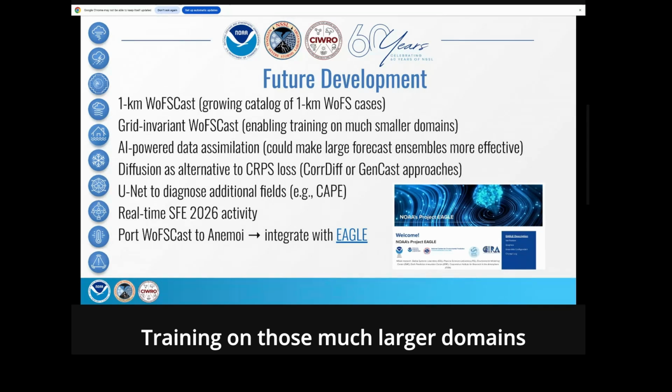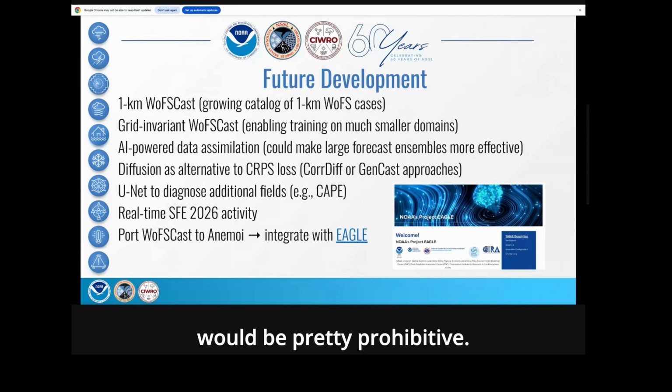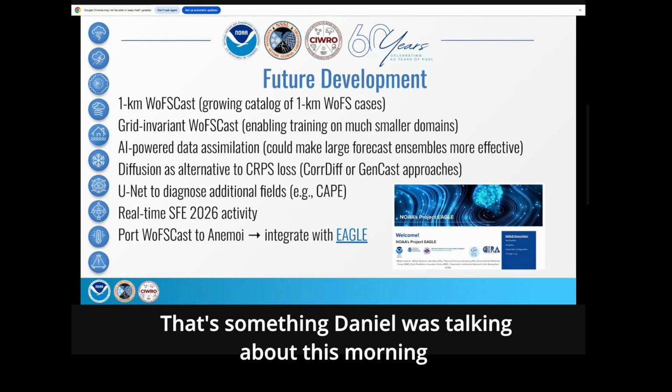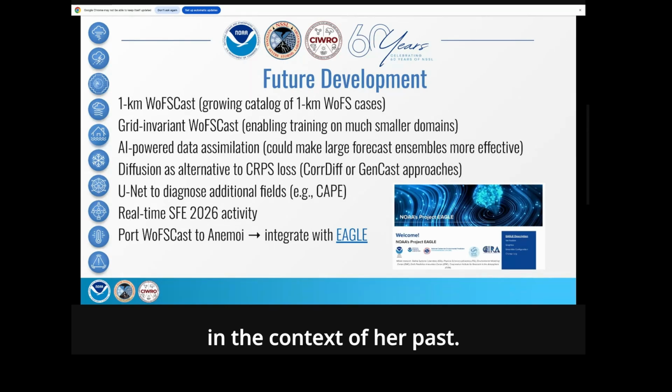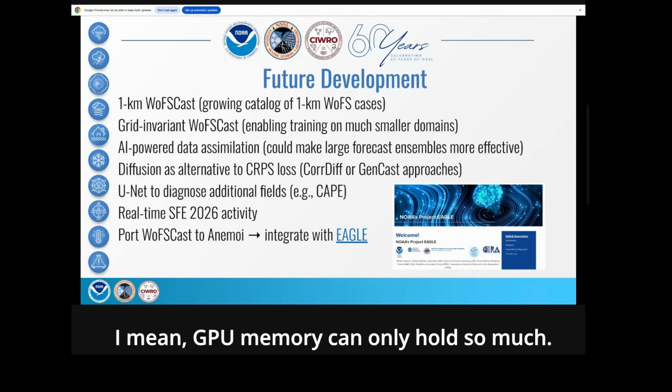Training on those much larger domains would be pretty prohibitive. That's something Daniel was talking about this morning in the context of HERCast. It's just very difficult. I mean, GPU memory can only hold so much.